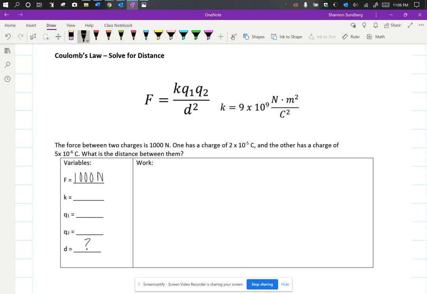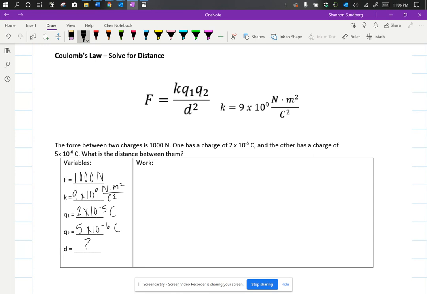The K value is given to me up there at the top, 9 times 10 to the 9th newtons times meters squared over coulombs squared. The first charge they told me about was 2 times 10 to the negative 5th coulombs. And the second charge they told me about is 5 times 10 to the negative 6th coulombs. Okay, so I'm going to plug all of these into my formula over here on the right.